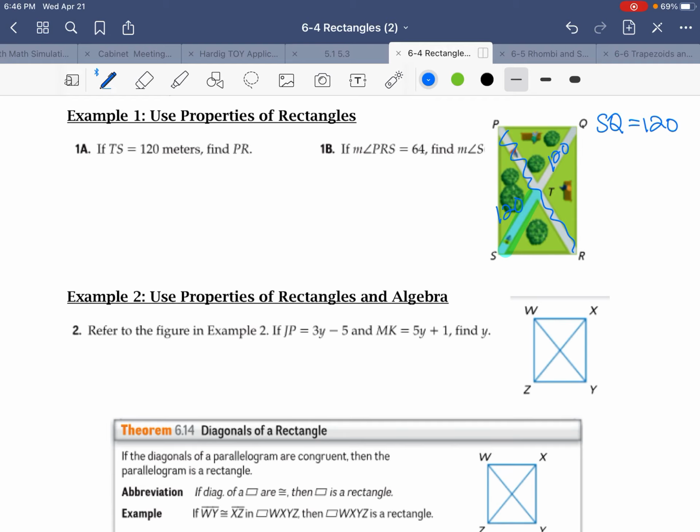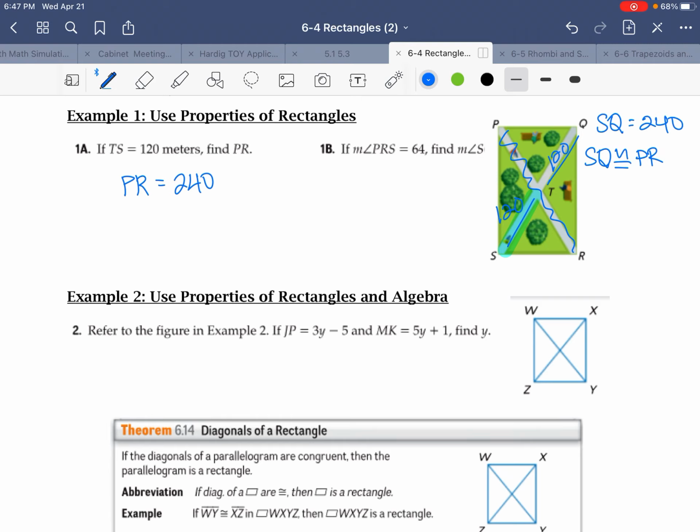And because these are rectangles, our diagonals are congruent, so SQ has to be congruent to PR. So we know that PR is 240 actually, because if ST and then TQ are 120, that makes our SQ 240. We have to double it.